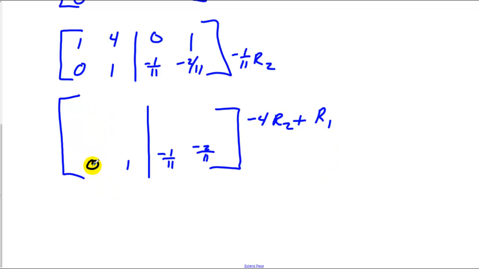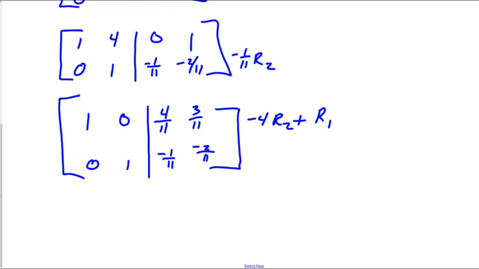If I multiply negative 4 times 0, add it to 1, I get 1. Negative 4 times 1, add it to 4 is 0. Negative 4 times negative 1/11 is 4/11. And negative 4 times negative 2/11 is negative 8/11. Plus 1, which is 11/11, is 3/11.